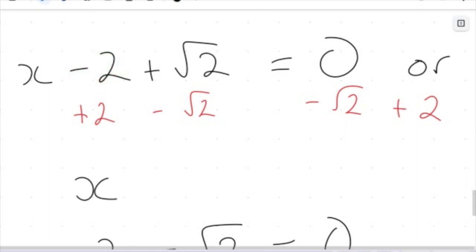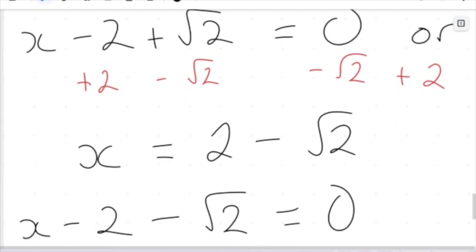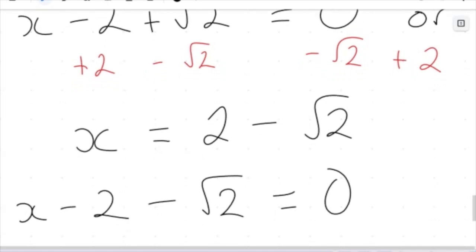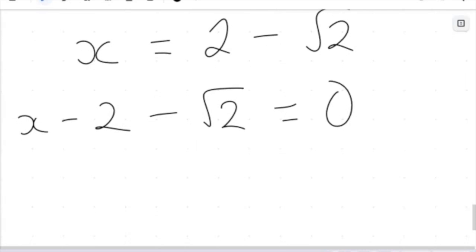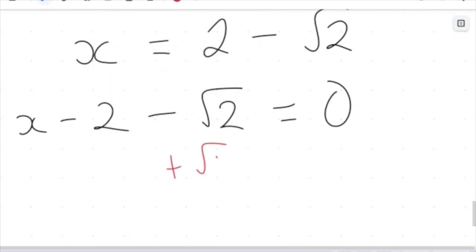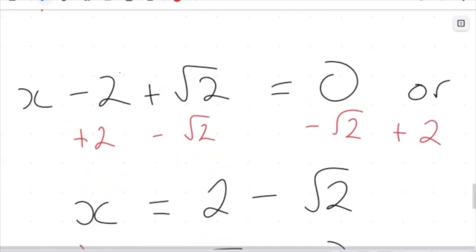So I get x here equals to, now I've added 2 here, and I have subtracted negative root 2. So I have subtracted root 2, which gives me negative root 2 on the right hand side. And now here, I'm going to add root 2. Now I'm going to add 2. This is going to clear both of these terms. Sorry, I should have done that up here.